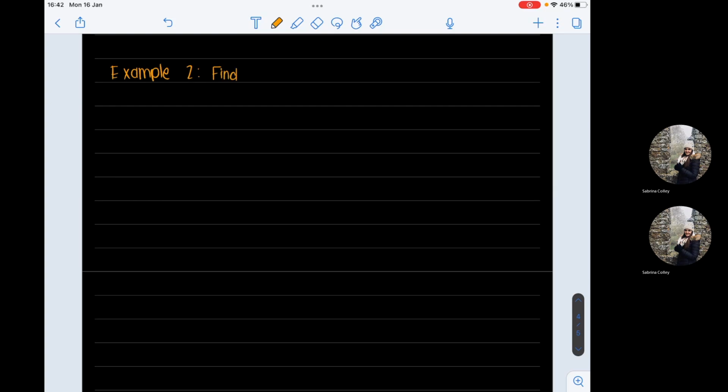Find the sum of the first 20 terms of the series -1 plus 3 plus 7.